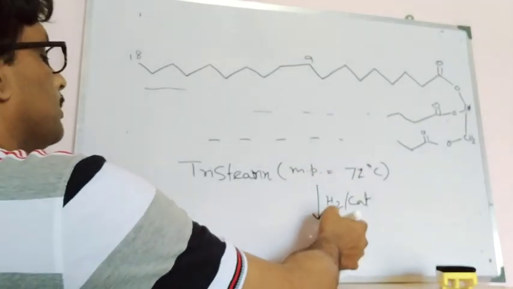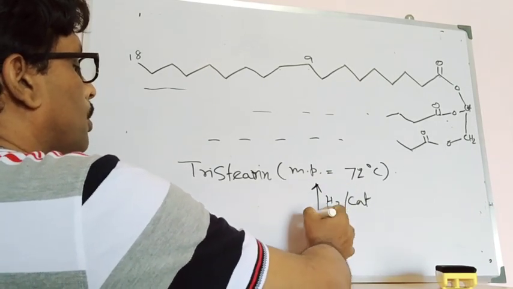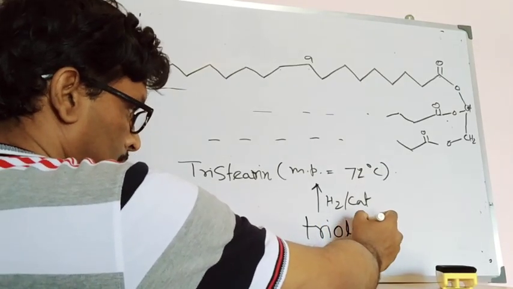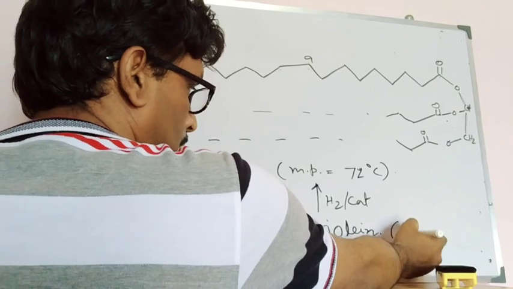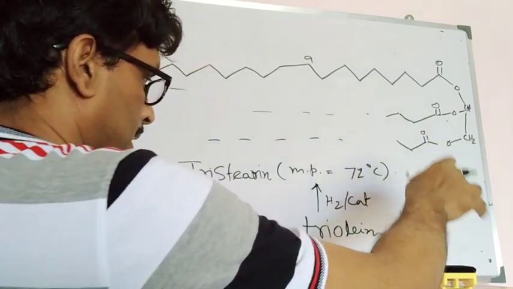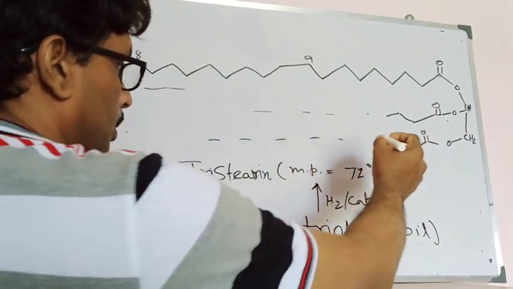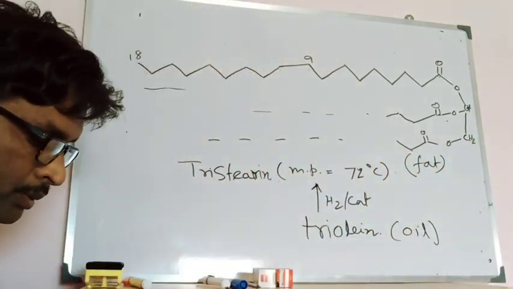So in this way, by catalytic hydrogenation, we got this from triolein, which is an oil. This triolein was an oil as it was liquid at room temperature, and now it will be converted to the saturated fat.